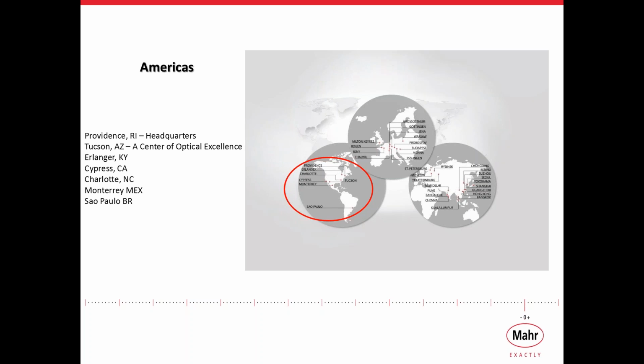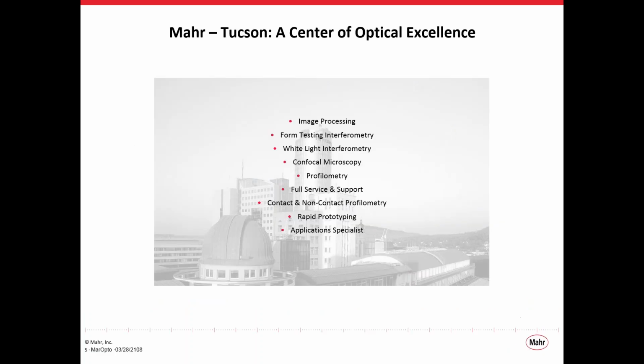Equally equipped as Erlanger and Cypress, our MAR Opto team is comprised of many intelligent and experienced employees from the optics industry, with service support, development, expertise in form interferometry, profilometry, and finally the capability to support rapid prototyping. It brings us gratification to have such a facility for MAR Opto in the Americas, especially located in Tucson, Arizona, near the University of Arizona. We feel very strongly that this is a key location in the Americas.